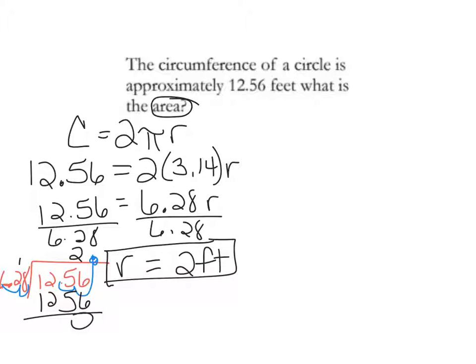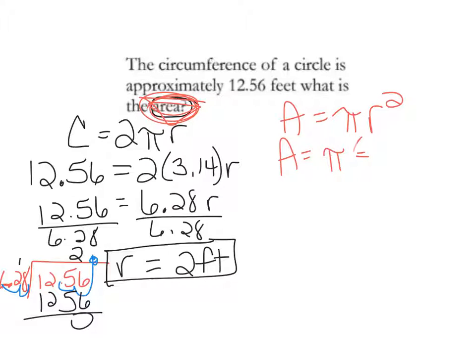So are we done here? No, because we still need to find what? Area. We still need to find area. So let's go ahead and use the formula. Area is equal to pi radius squared. So we're replacing what we know without replacing pi.